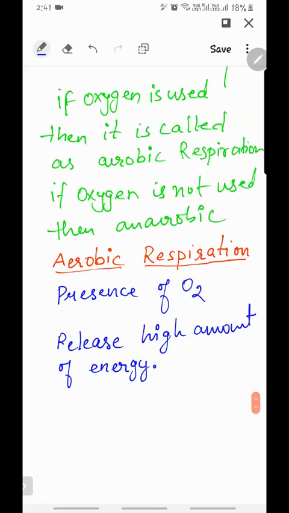So aerobic respiration, I'm just writing a few points, you try to understand. The first point is it will take place in the presence of oxygen. Oxygen is a must. It is essential for this respiration to take place. In the presence of oxygen, respiration will release a huge amount of energy in the living organism.